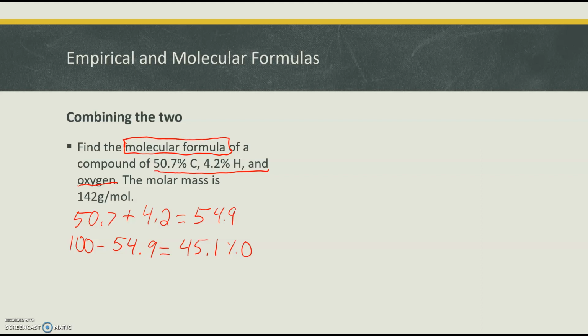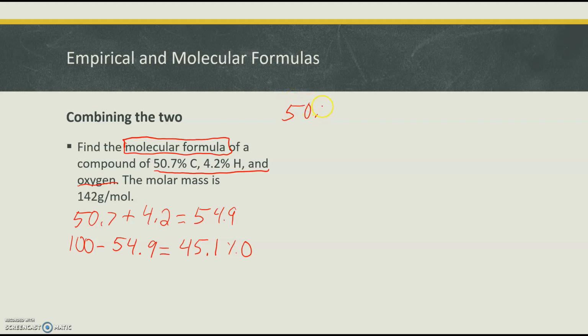Remember that since all percentages come from 100, we can assume that in 100 grams, 50.7 grams are going to be carbon, 4.2 grams are going to be hydrogen, and 45.1 grams are going to be oxygen. We are using these in grams so that we convert to moles by using our molar mass.